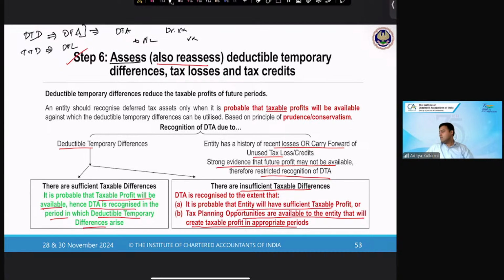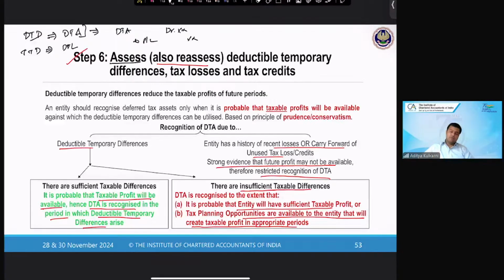It's notional income, notional expense. That's right. So now tell me, if an entity wants to show profit from this tax, can he create the DTA? Yes, once the DTA is created, the income will be high.